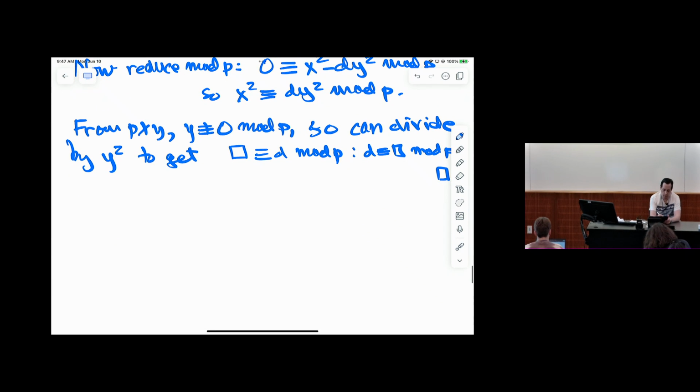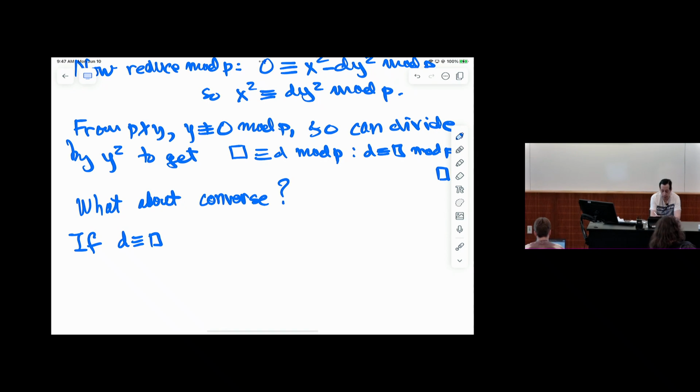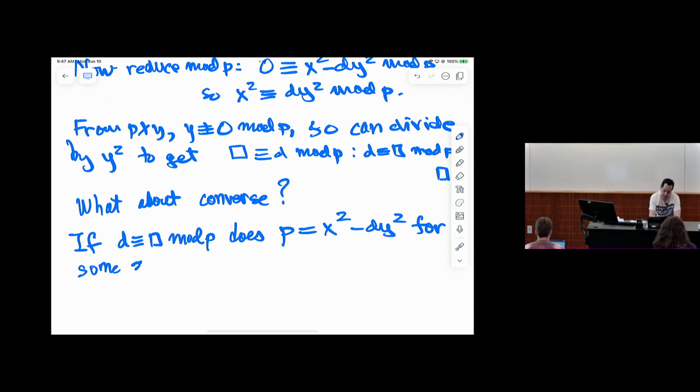Okay, what about the converse? If we know that d is a square mod p, p is a prime, d is an integer that's not a perfect square in Z, does p have to have this form for some x and y in the integers?